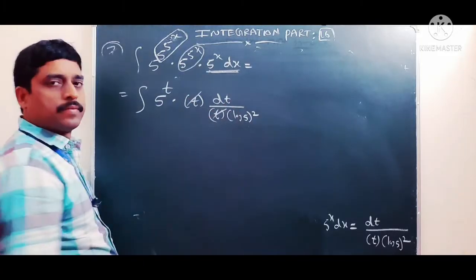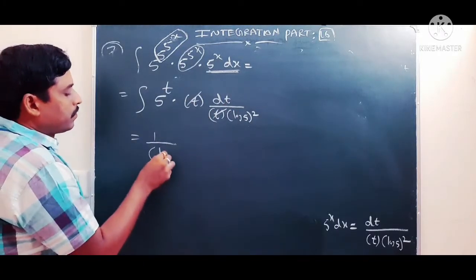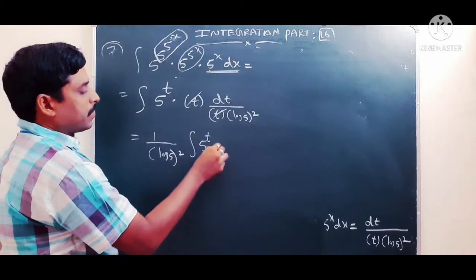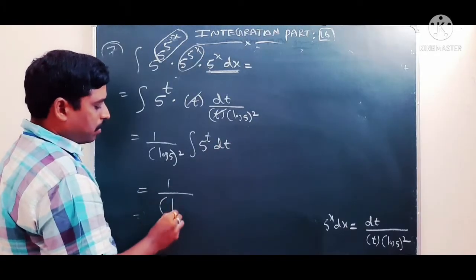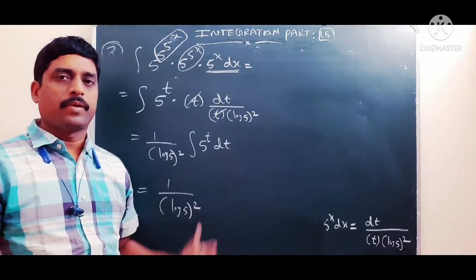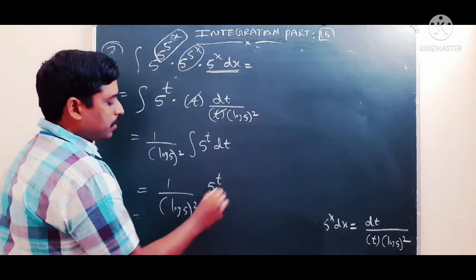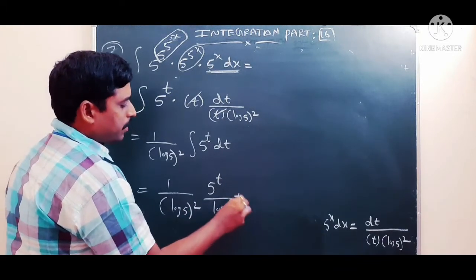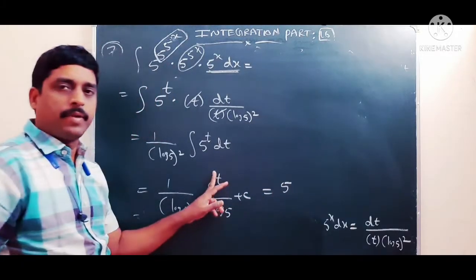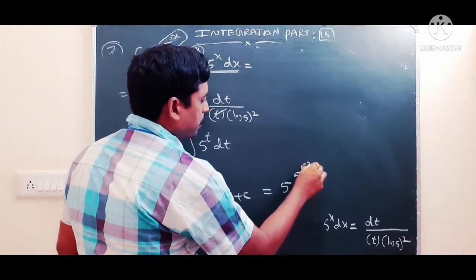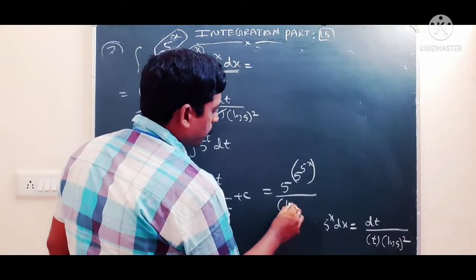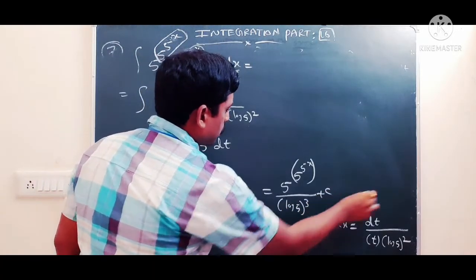In this, t gets cancelled. 1 by log 5 whole square is constant, so the integral of 5 to the power t dt is 5 to the power t by log 5, plus c. Where t is replaced, this will be 5 to the power 5 to the power x by log 5 whole cube, plus c. This is the answer.